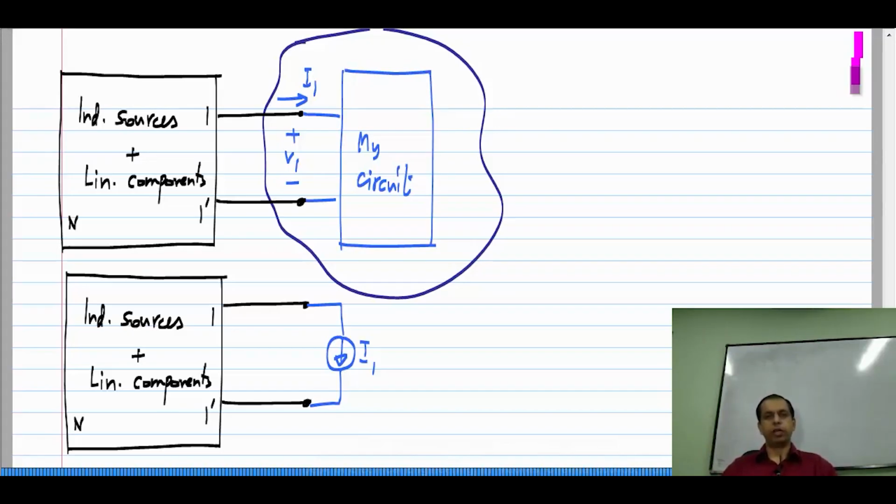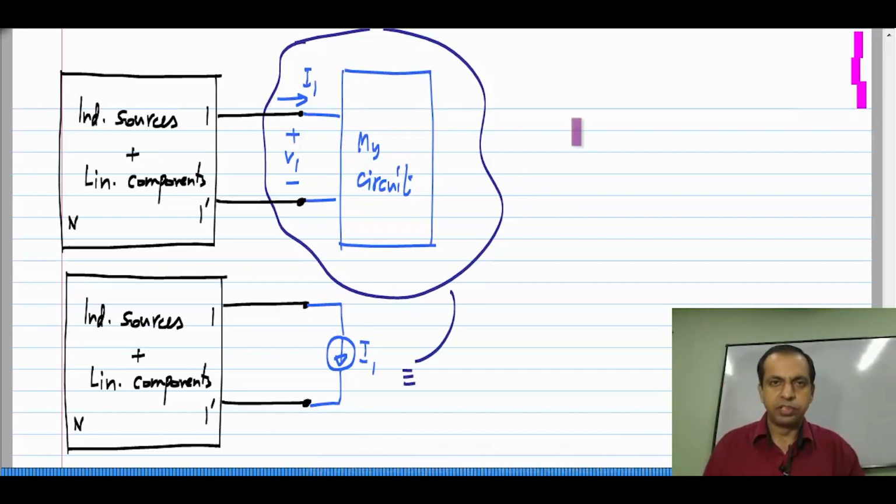So, what I am trying to do is to not deal with some arbitrary circuit, but a single current source I1, and then I will show that whatever the value of I1 is, the model I derive will be equivalent to the original circuit. Hopefully, there is no doubt about the equivalence of this, because we have discussed the substitution theorem extensively, we have proved it earlier.